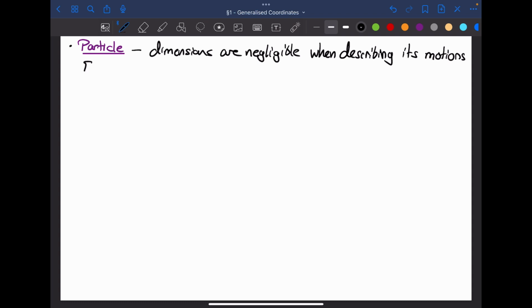So maybe some examples are easiest. I first give you a good example and then a counterexample, an object that is not a particle. For example, if you look at the planets, but planets are quite big, so you need to look at the planets at a scale where they are very small, and it doesn't matter what they do internally. So this scale is, for example, their motion around the sun.